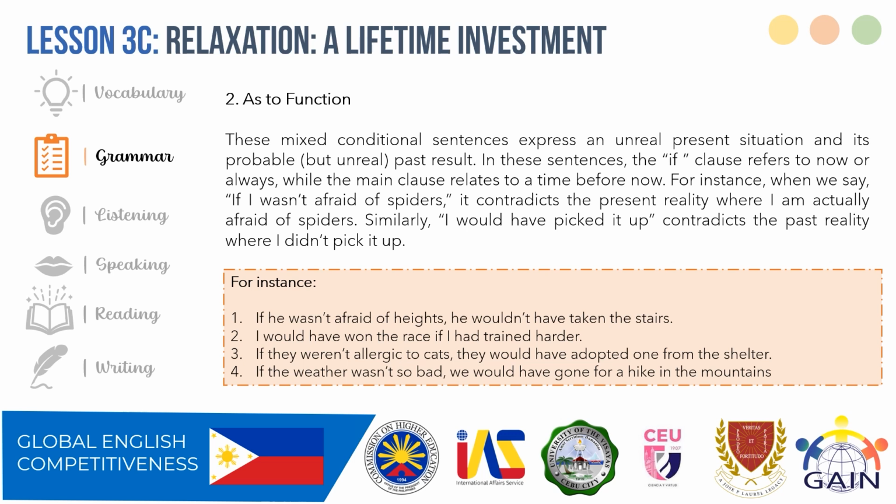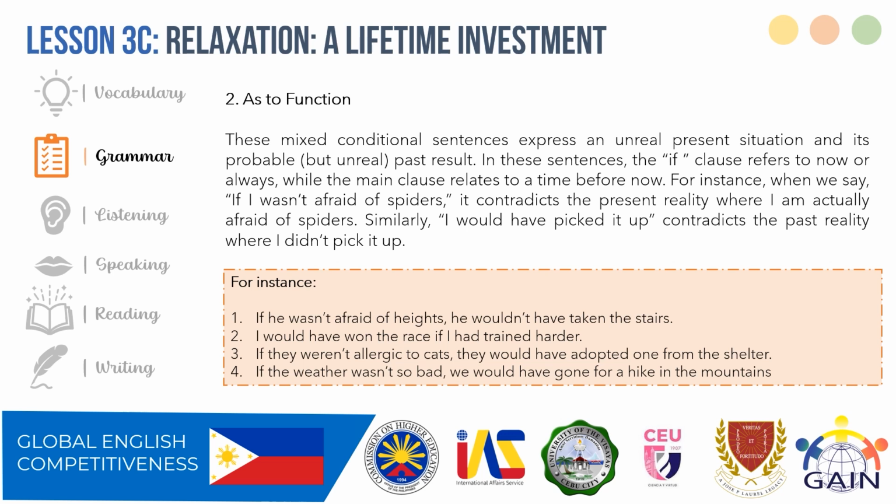Take a look at the following examples. Number 1, if he wasn't afraid of heights, he wouldn't have taken the stairs. But the reality is, he is afraid of heights and he took the stairs. Number 2, I would have won the race if I had trained harder. But the reality, I didn't win the race and I didn't train hard.